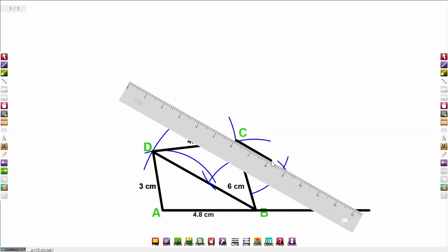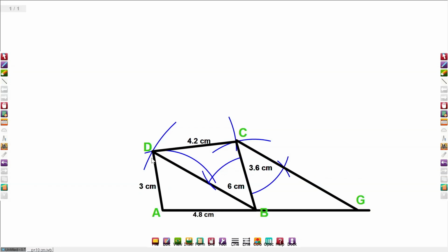Join the point C to the intersection point of the two circular arcs and extend it further so that it intersects with the line AB. Label the intersection point as the point G and join the point D with the point G with a straight line.